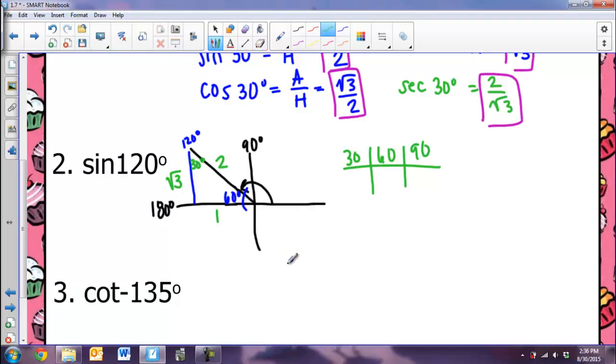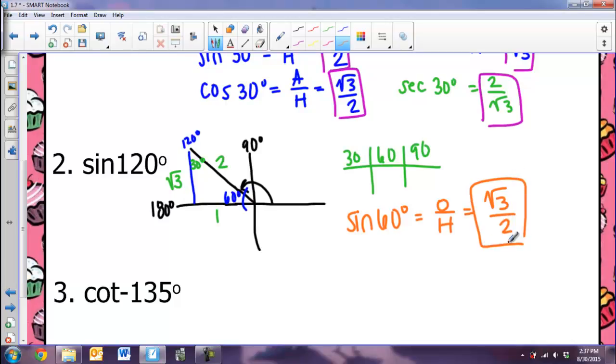Then when you're looking in here, you just find whatever trig value. So you have the sine of 60 degrees, which would be the opposite over the hypotenuse. So opposite your 60 is √3 over your hypotenuse, which is 2.